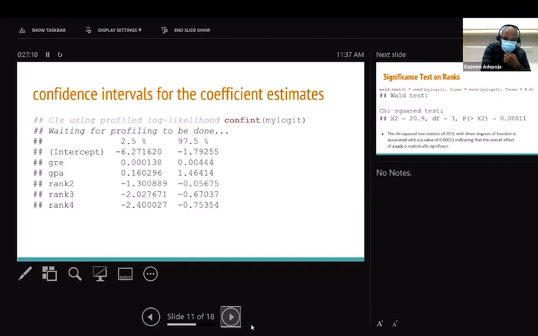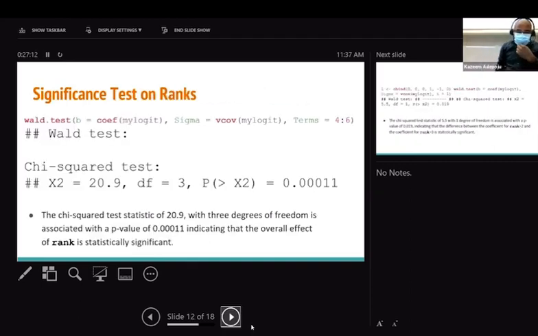The next thing I want to find out now is, can we carry out a test to see if there is any difference between the ranks? The schools that are ranked 1, rank 2, rank 3, rank 4, is there any significant difference between them?